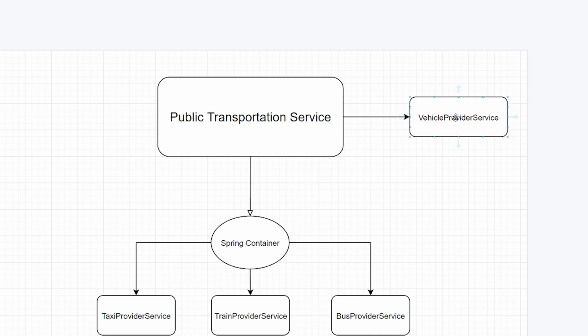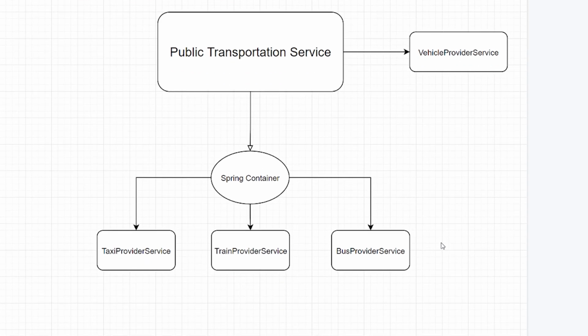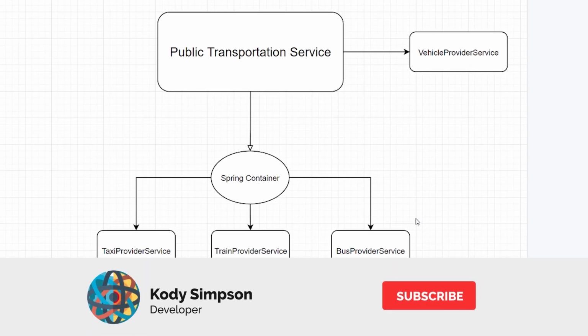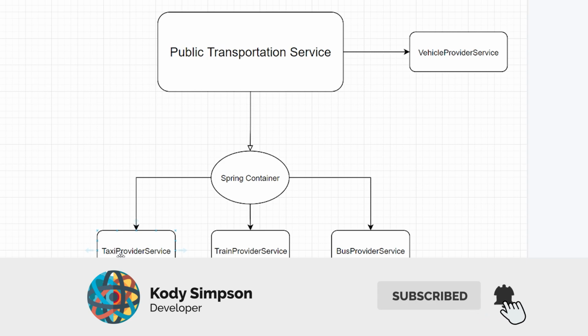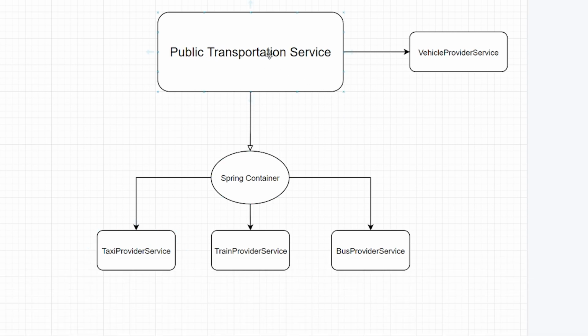Because what we can do is have Spring automatically inject the service implementation that we want it to provide. So let's say that for some reason our public transportation service needs a taxi provider service. We can tell the public transportation service that it has a dependency of vehicle provider service, the interface.